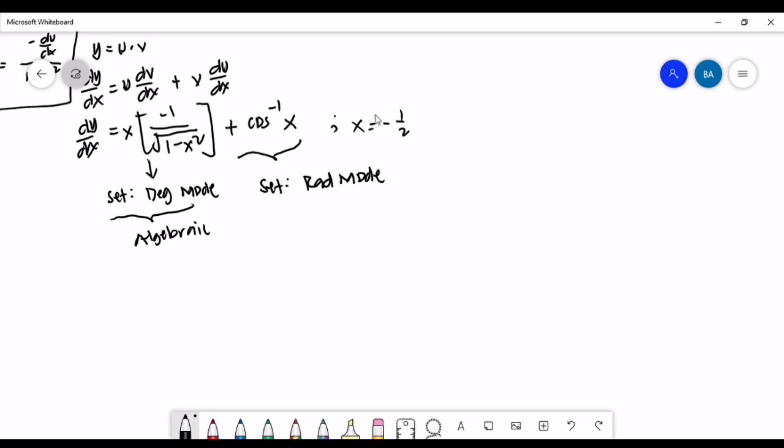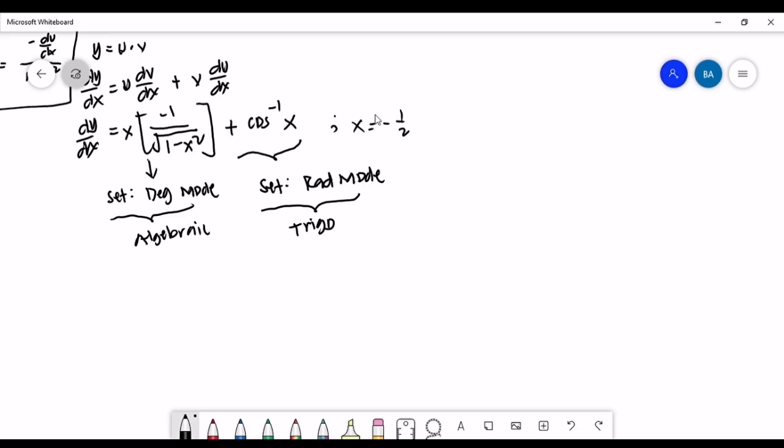So again, in our first term, since we are involving the algebraic function, you must set your calculator in degree mode. And in our second term, we are involving a trigonometric function, so you need to set your calculator into radian mode.